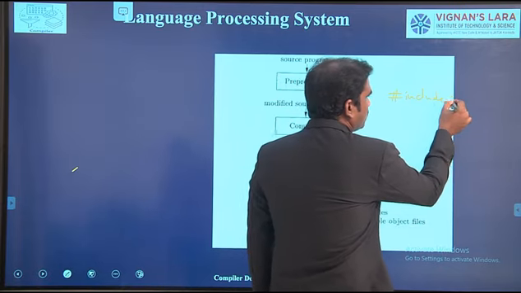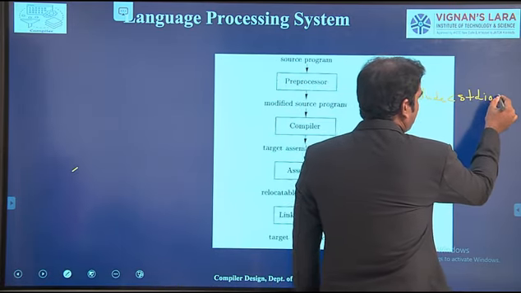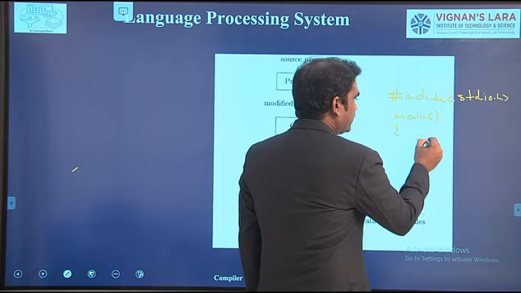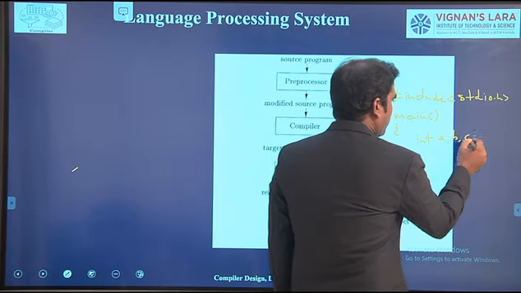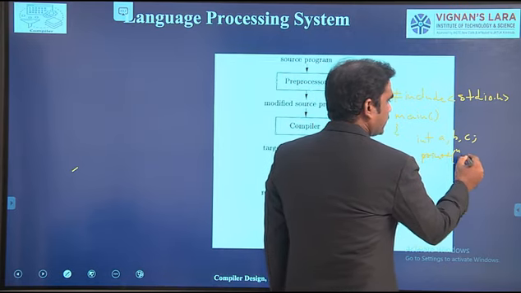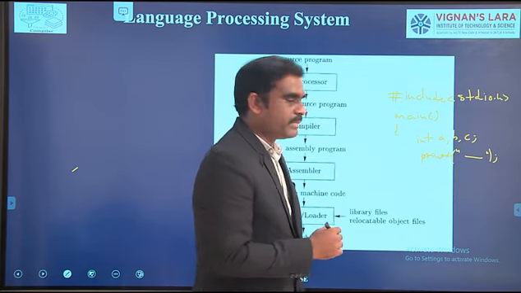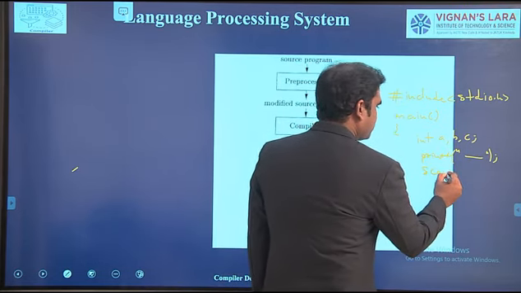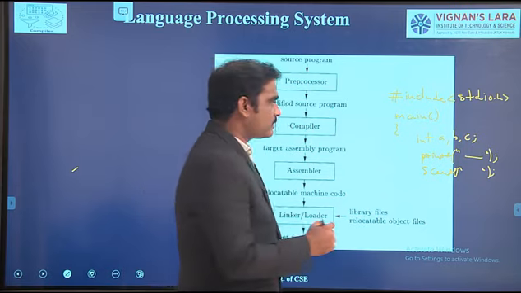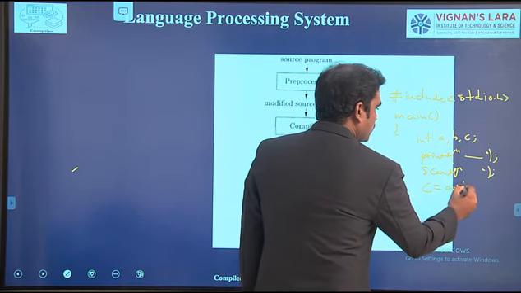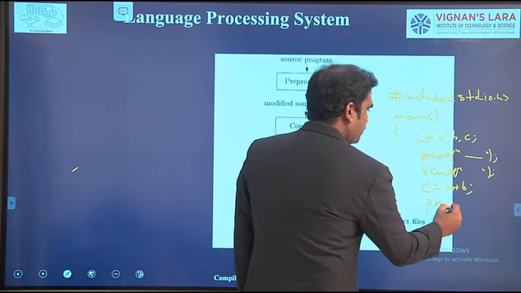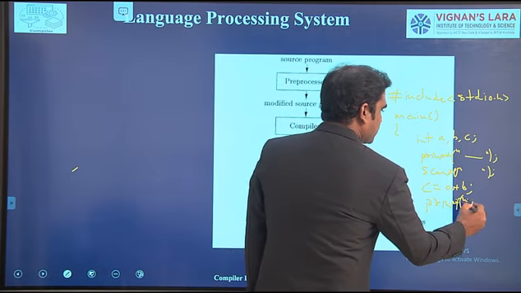like #include <stdio.h>, main, int a, b, c. Next printf, "enter a and b values", scanf, read those a and b values, and then I want to perform the addition operation c = a + b, and finally printf %d, c.